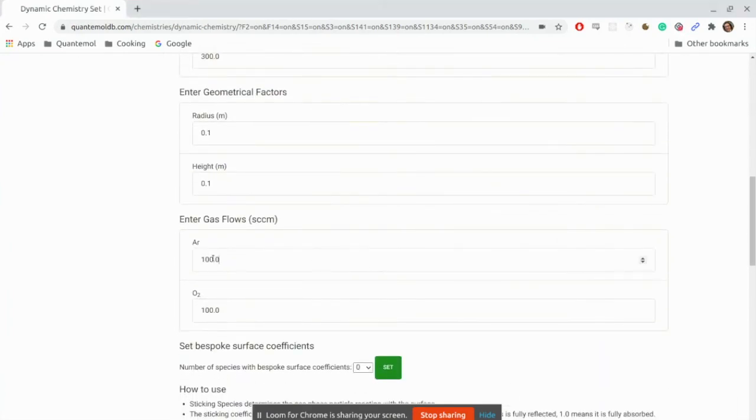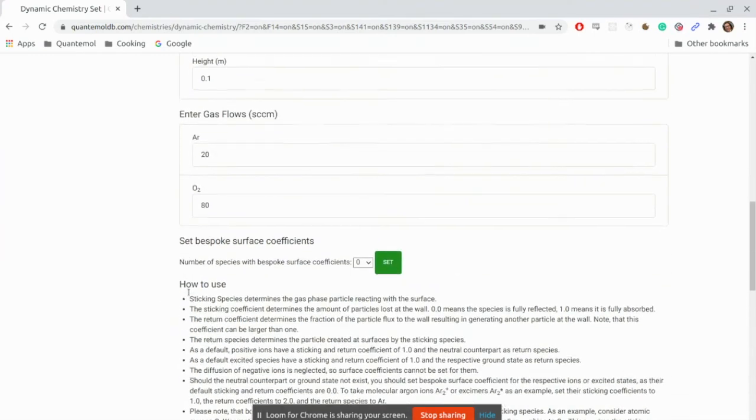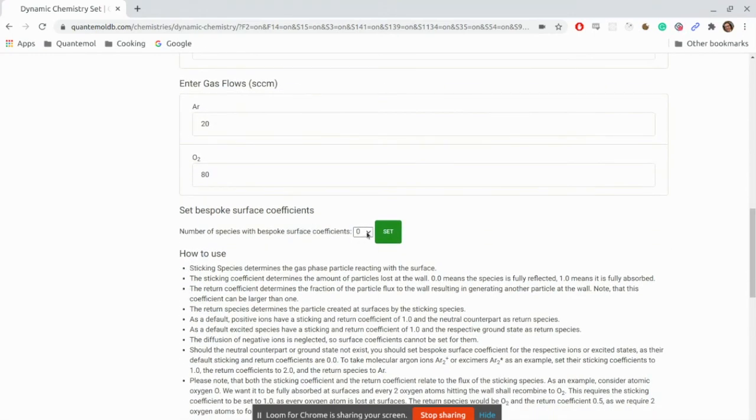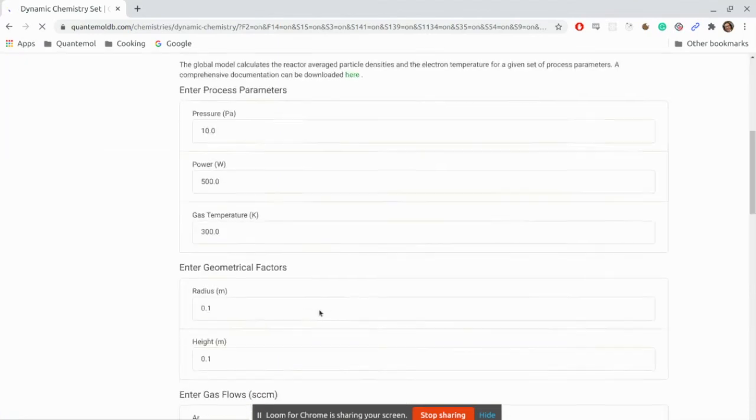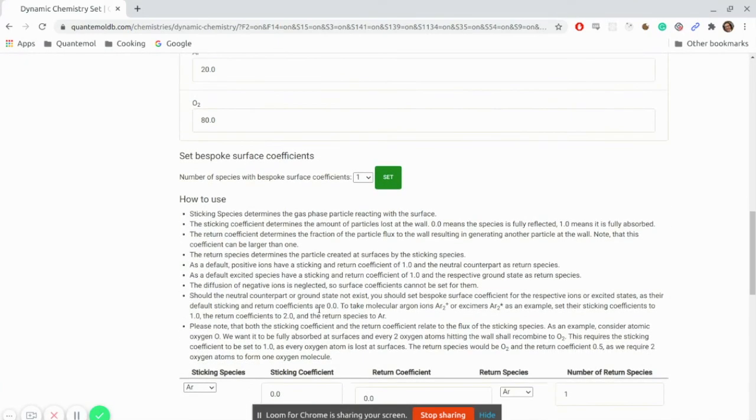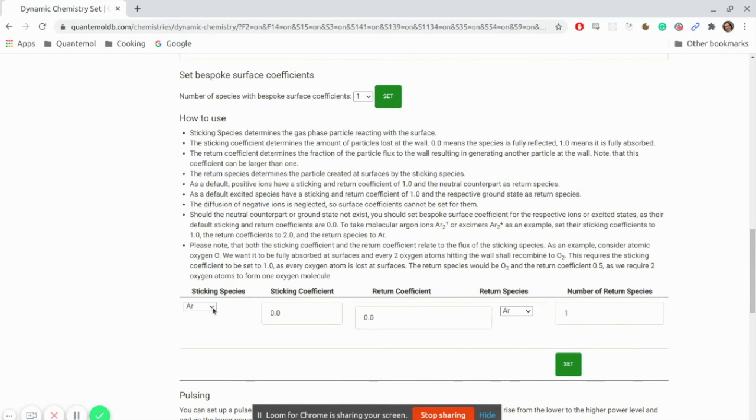Let's say I want to make a different ratio for argon oxygen, and I can also set some specific sticking coefficients.